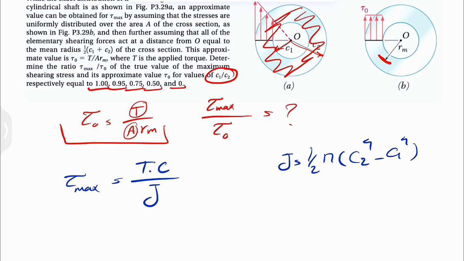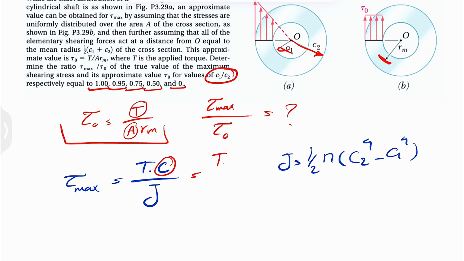When we have a solid shaft, we can plug this in and our formula is simpler, but here, because it's a hollow shaft, the C cannot be cancelled out with the J. And this C would be the maximum distance, which is the external radius. So keep in mind that it's not C1, it's C2.